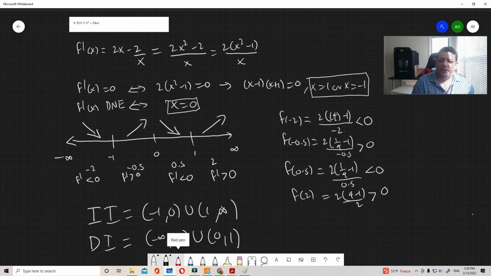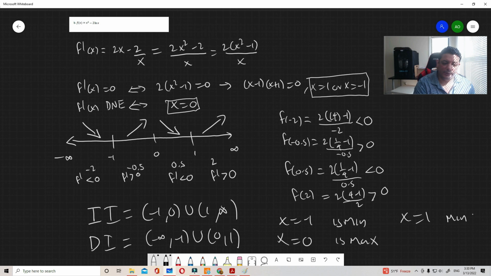Now notice that with the first derivative test we can talk about what values are here. So likely x equals minus 1 is a minimum, and x equals 0 is a maximum, and x equals 1 again is going to be a minimum. Notice we have this kind of shape over here going on.